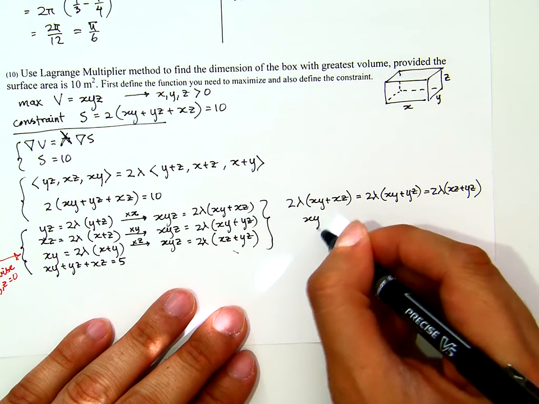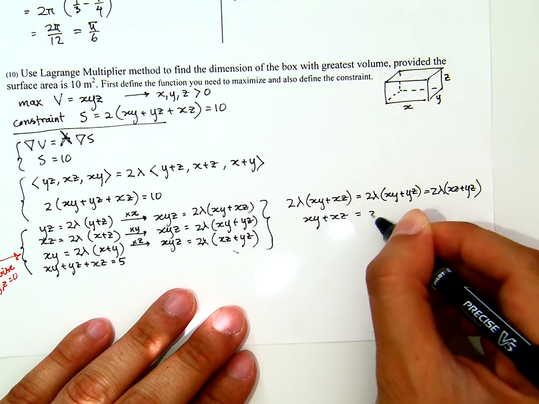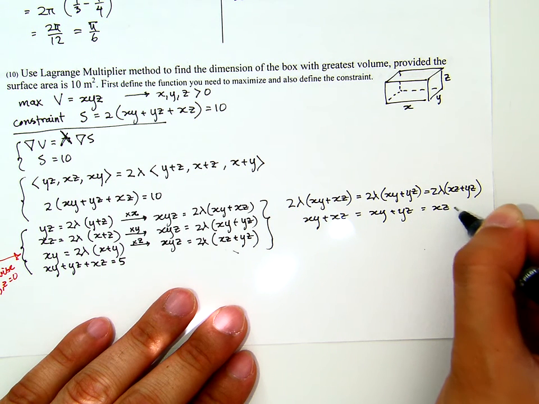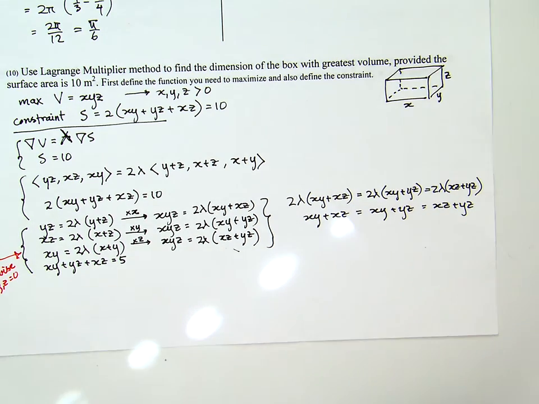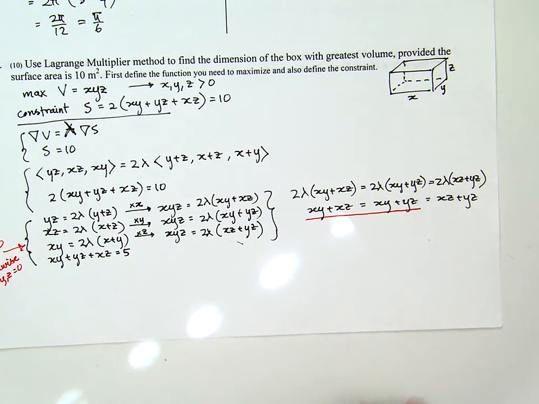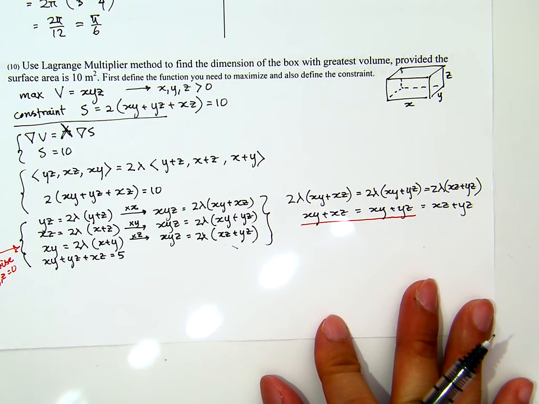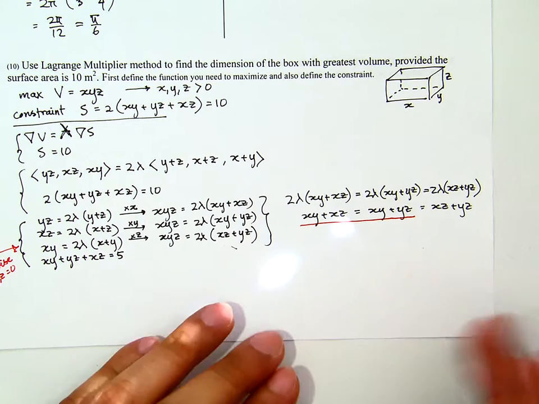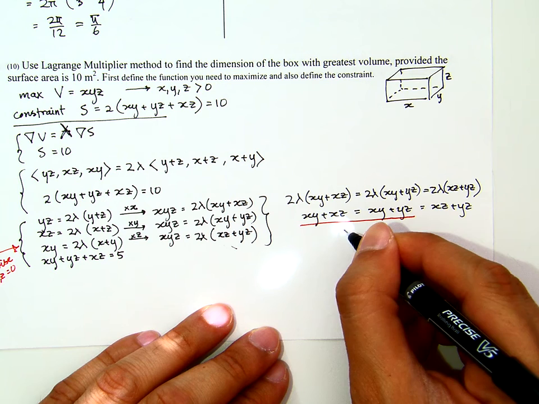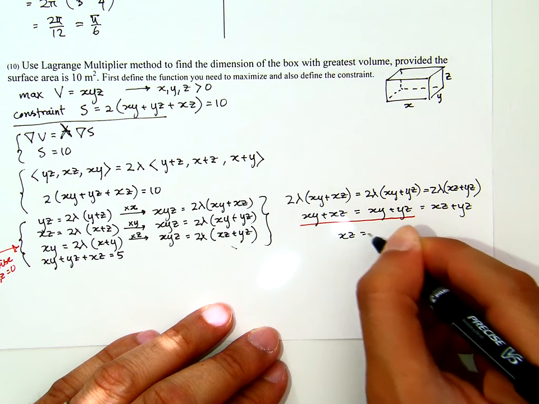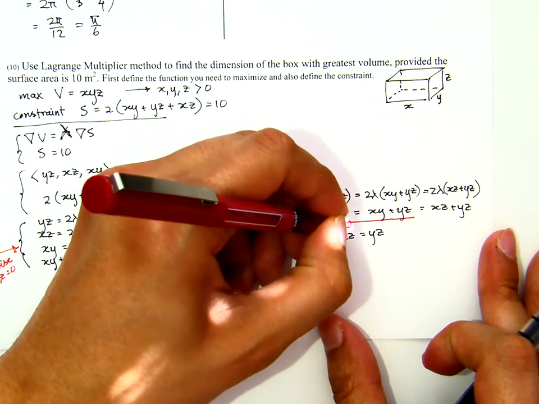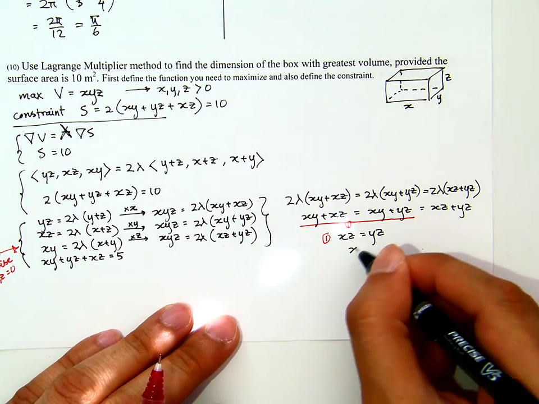In other words, we have xy plus xz equals xy plus yz equals xz plus yz. Now in the first equation, you can cancel the xy and divide by z. Notice that z is not 0, so I can do so. I see that xz equals yz, and therefore x equals y.